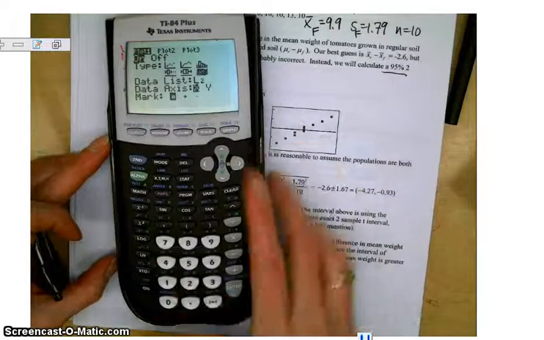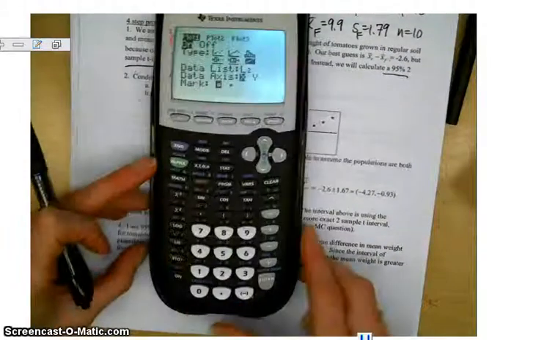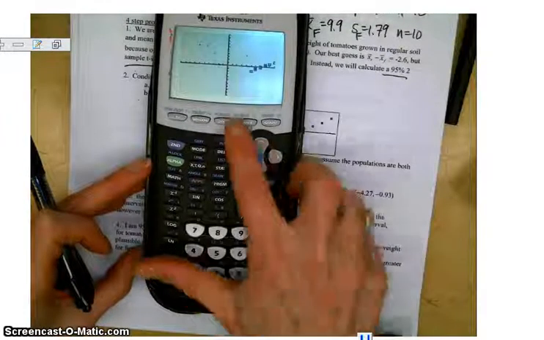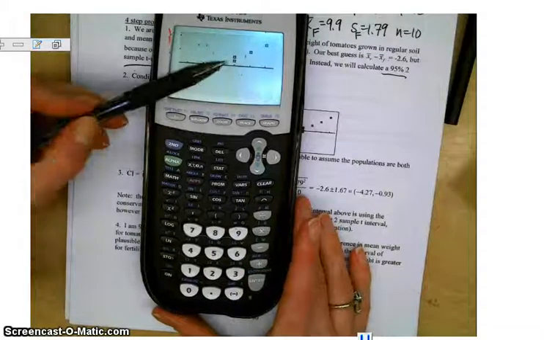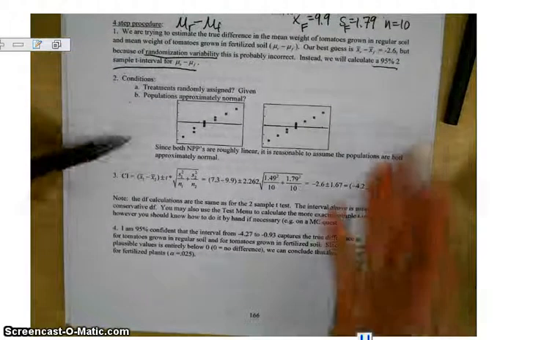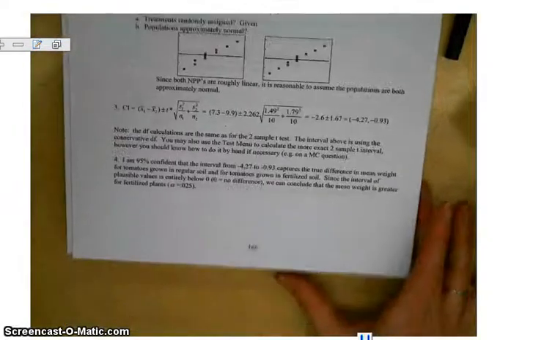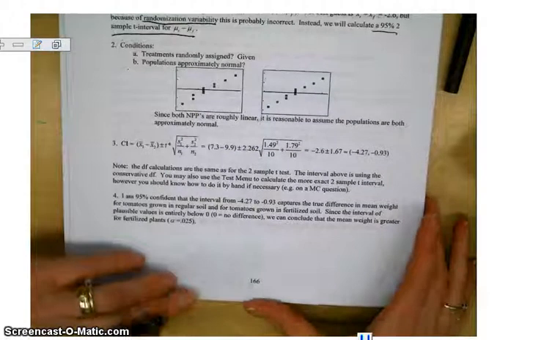And my data's in, I'm just going to do it for the regular soil. If I graph it and hit zoom 9, does that look approximately linear? Yes. Okay, and it matches, that's where these came from. They just did the normal probability plot. So since they're both approximately linear, roughly linear, it's safe to assume that they come from normal populations.